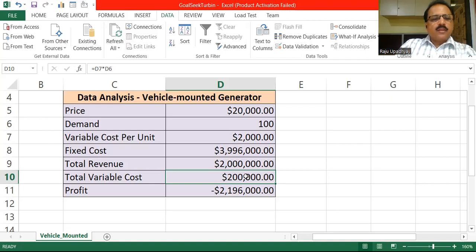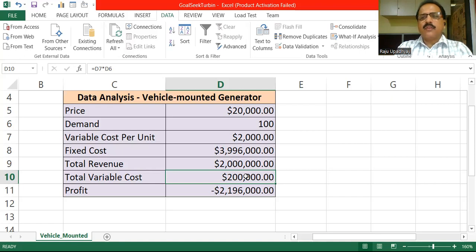We have identified that the maximum price for the generator which we can sell at is $20,000, because we cannot charge more than $20,000 from the customer. If we increase the price, obviously customers will not come to my shop, they will go to some other competitor's shop.